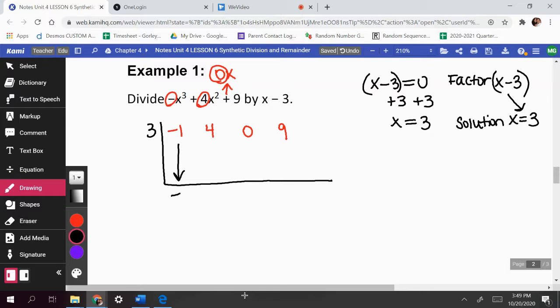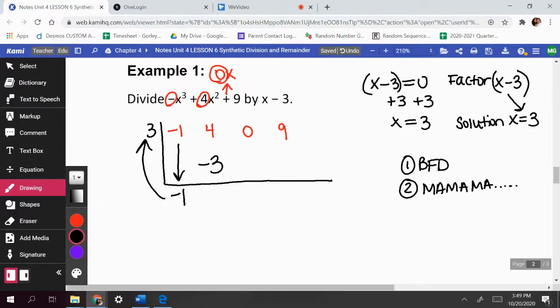So we bring the first down. Then we start our process of multiply, add, multiply, add. I'm going to say we bring the first down, we BFD, and then we multiply, add, and so on until we can't anymore. So I'm going to multiply -1 times 3. It's going to give me -3.